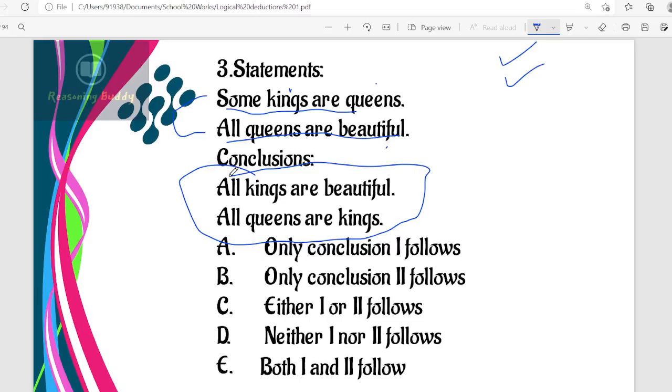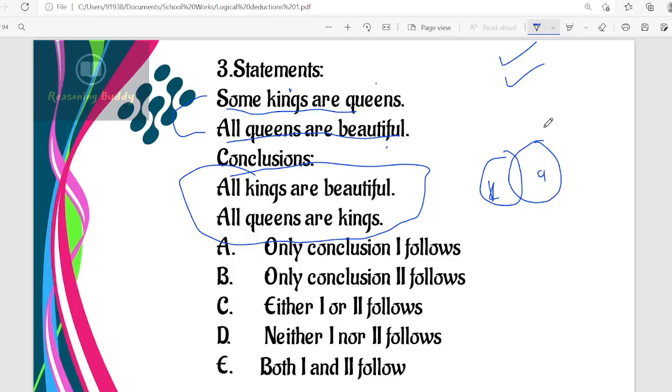So there will be no conclusion, but you can take a conclusion in the general way. Some kings are queens. All queens are beautiful. So this is kings and this is queens.